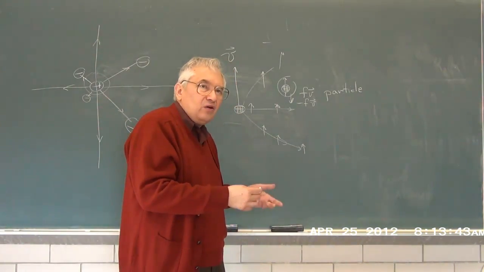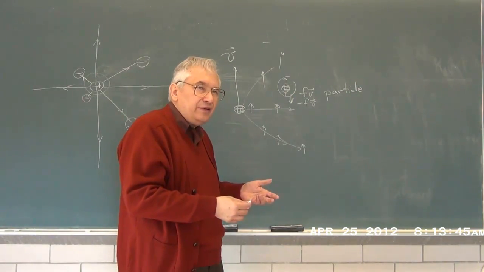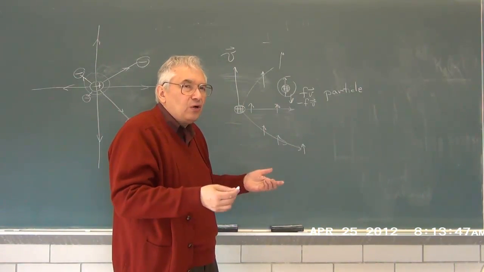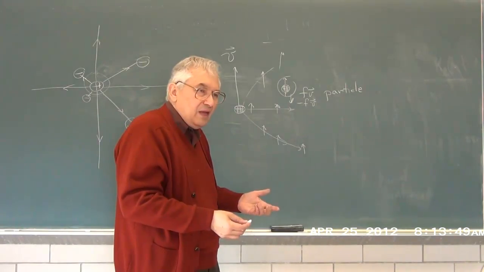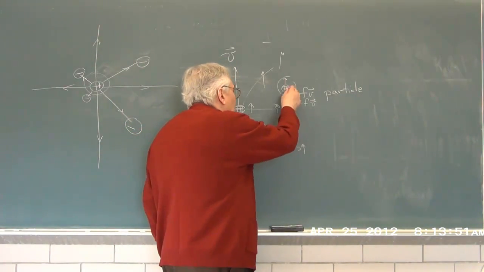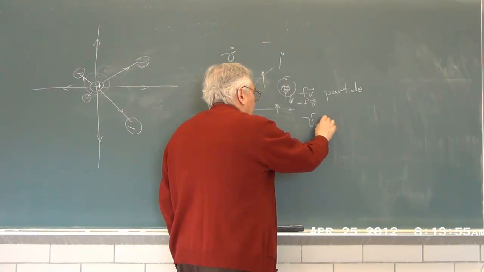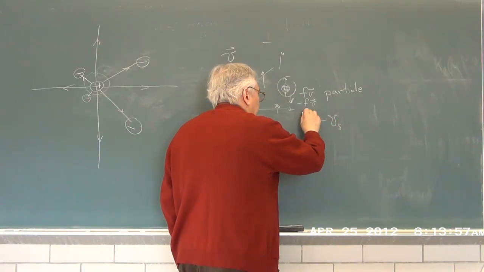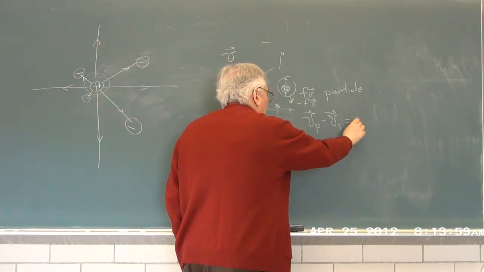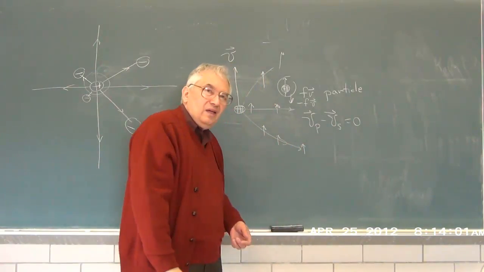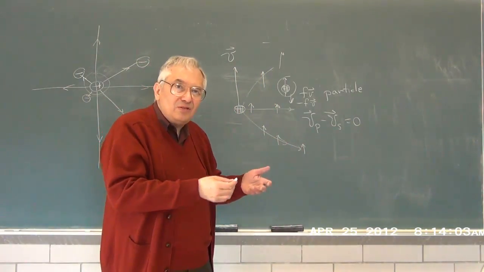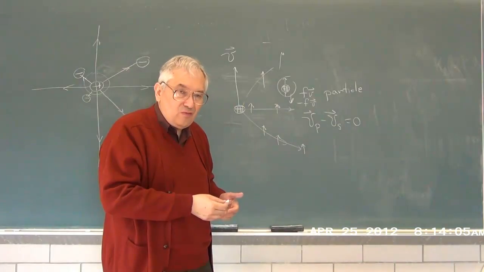The fact they have inertia is basically irrelevant, except on the very shortest of time scales. And therefore, at almost all time scales, V particle minus V solvent is equal to 0. And therefore, the particle bobs along with the fluid and exerts no force on it.